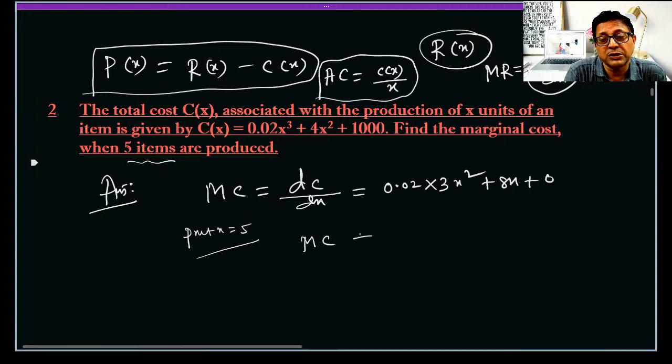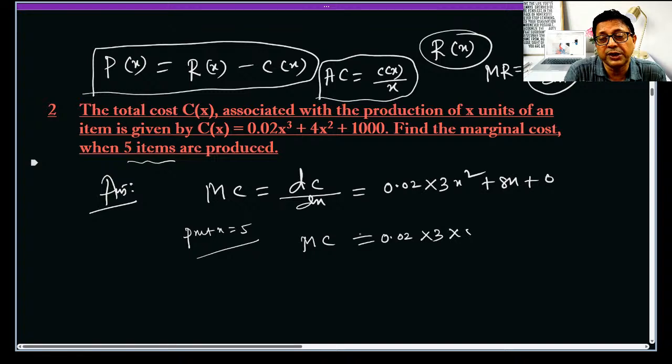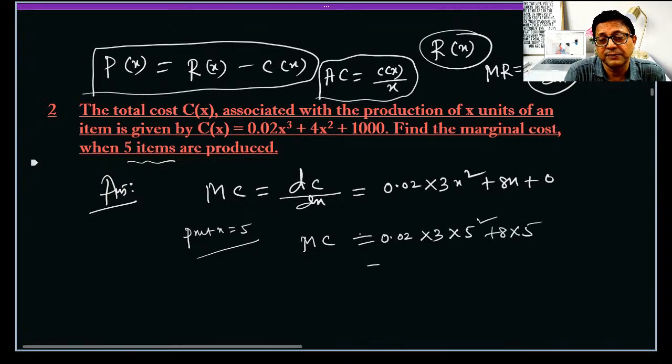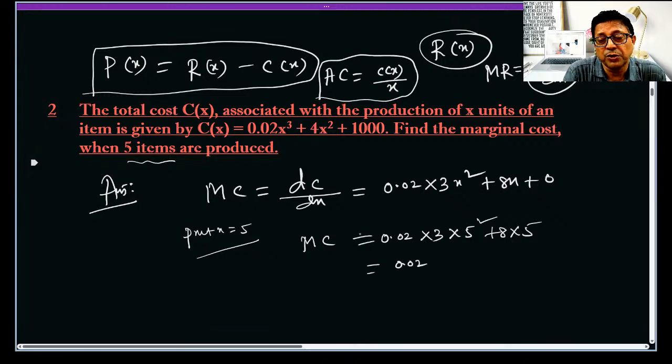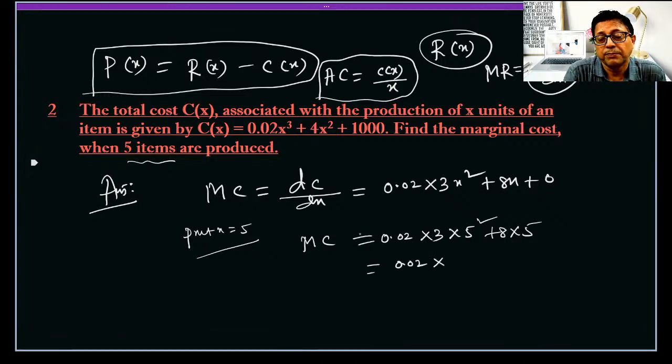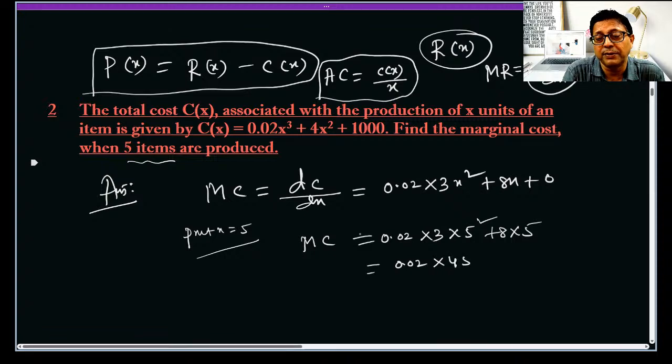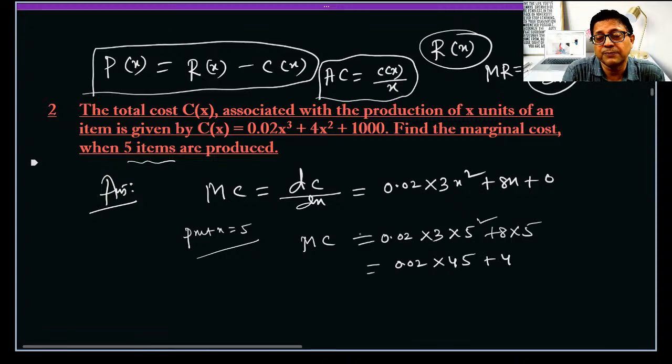So marginal cost is equal to 0.02 into 3 into 5 square plus 8 into 5. So this thing 0.02, 15 into 3, 45 plus 40. So this is 90.